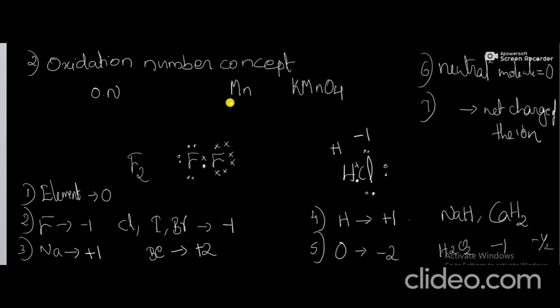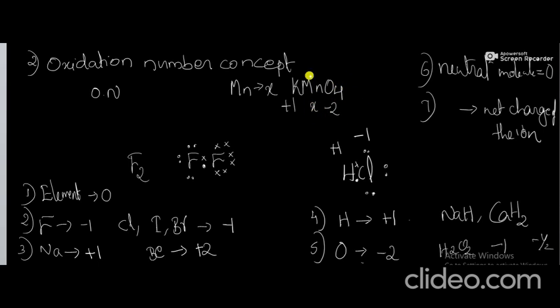Let the oxidation number of manganese be X. That is the value we have to find. According to the third rule, the oxidation number of potassium is +1. According to the fifth rule, the oxidation number of oxygen is -2.